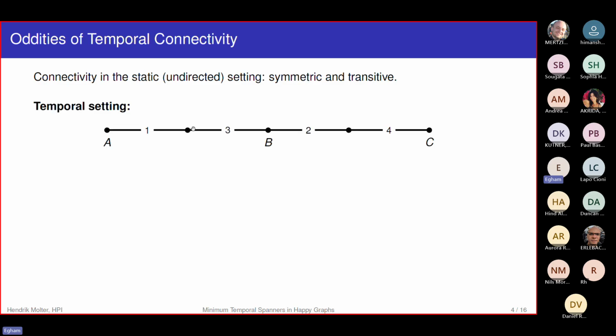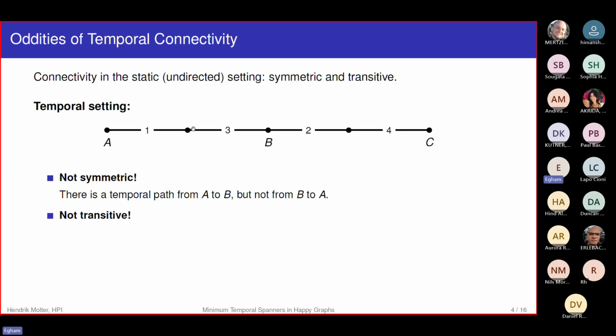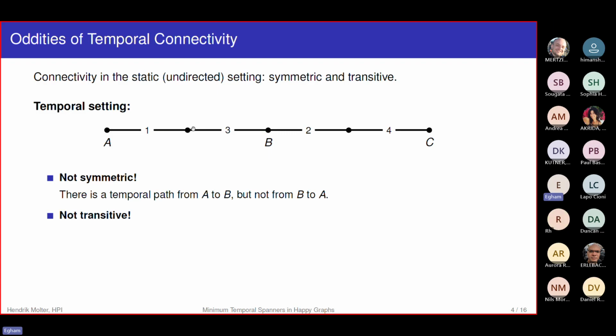Temporal connectivity has a few properties which make it a little bit difficult to handle sometimes. In contrast to the static case, temporal connectivity is not symmetric and also not transitive. For symmetry, you have an example here where you can get from A to B, but not from B back to A. This is very similar to the directed graph case. But the thing that seems to make temporal connectivity related problems inherently difficult is the non-transitive nature of temporal connectivity.